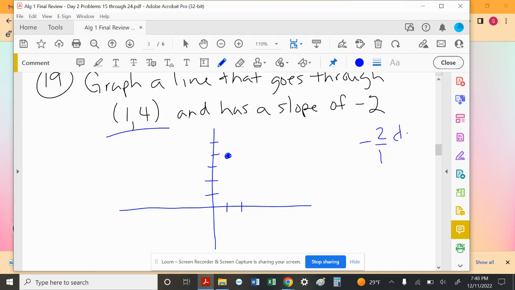That means down 2, and we always go right. If you remember, I've talked about that over and over again. So you use the negative to either go up or down. You always go right. So we're going to go down 2 from here, 1, 2, and over 1. So we're going to go right here. So my equation will look like that. Okay, remember that a slope that's negative is going to go down. So if you have choices, you can eliminate any lines that are going up.